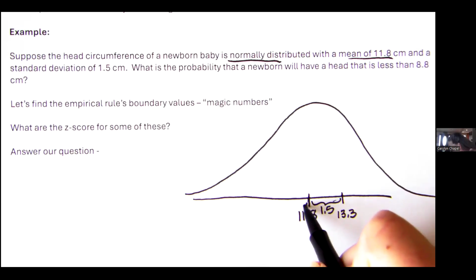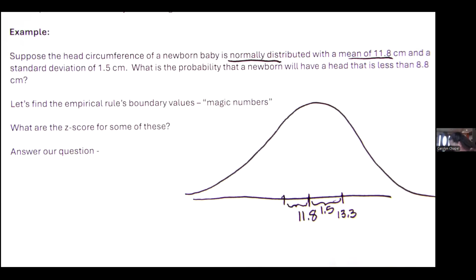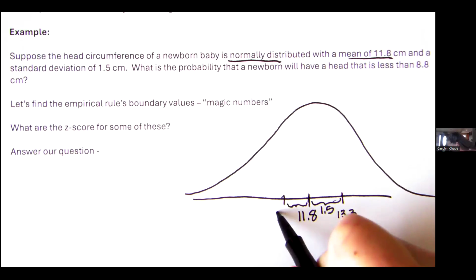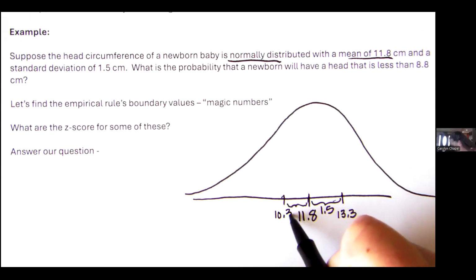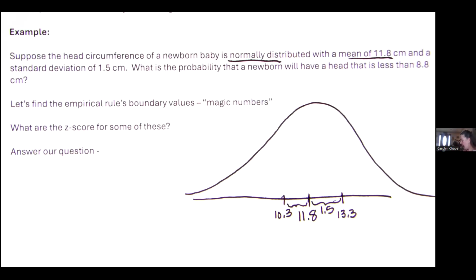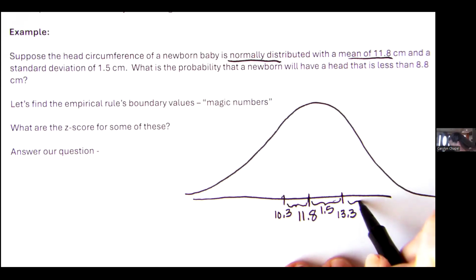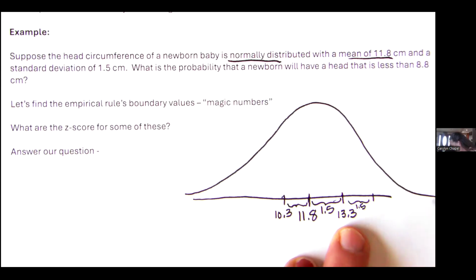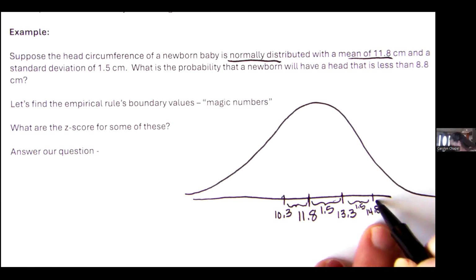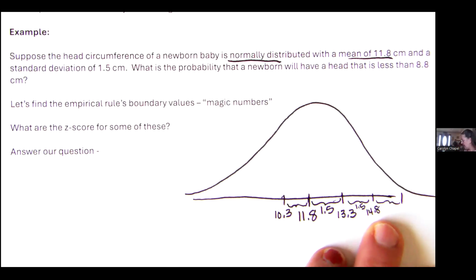If I go down that amount, so I'm going to subtract 1.5, that's going to give me 10.3. I'm going to do that again. I'm going to add my 1.5, so that's going to give me 14.8. I'm going to do it one more time to get the 3 in there, so to get that 99.7 mark, that's going to give me 16.3.